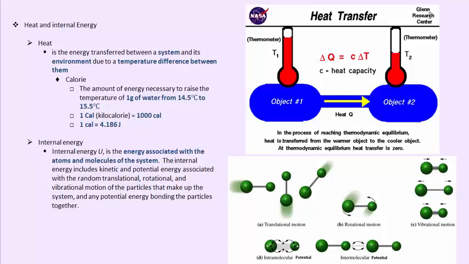If we look at our other figure to the right, we see that heat is transferred from a high concentration to an object with a lower concentration, and that this process will proceed towards the cooler object until thermodynamic equilibrium is reached, where our heat transfer is then equal to 0.